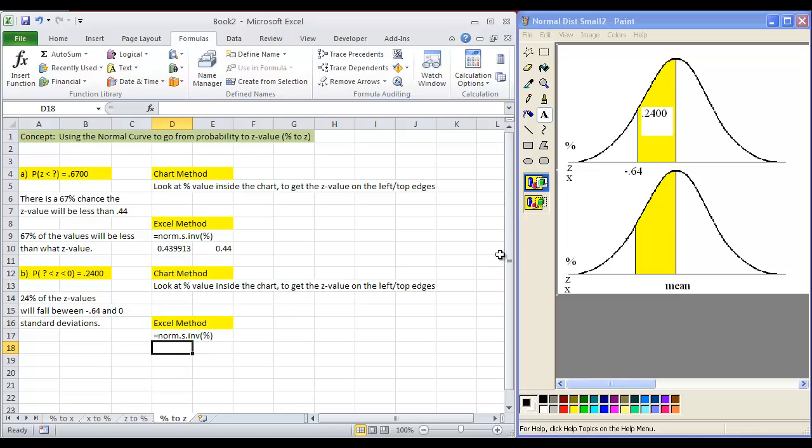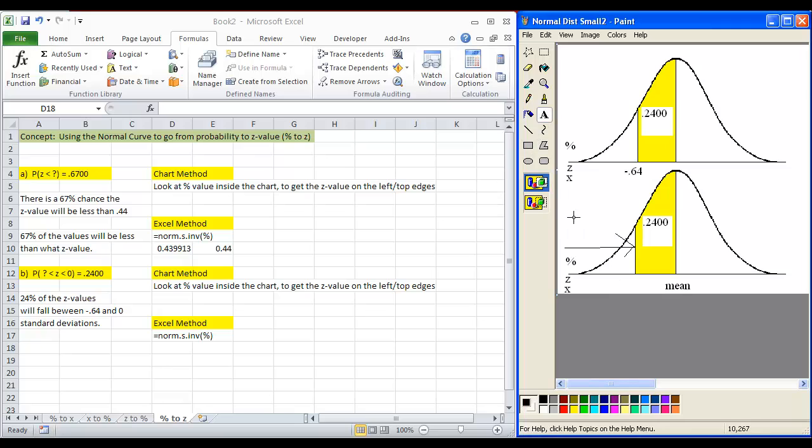Let's do the Excel method on the same one. Now, if you remember on Excel, we were given that we know that this area right here is 0.2400. But in Excel, that doesn't necessarily help a lot because what we need to put into Excel is the value between negative infinity and the value that we're looking up. So we want this value right here.